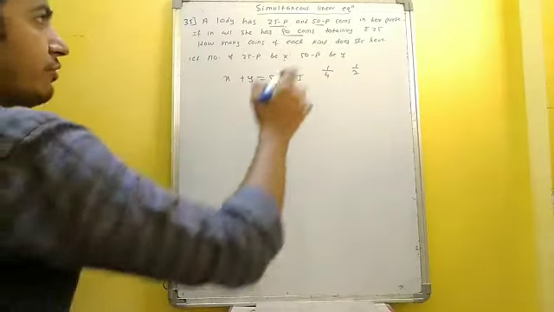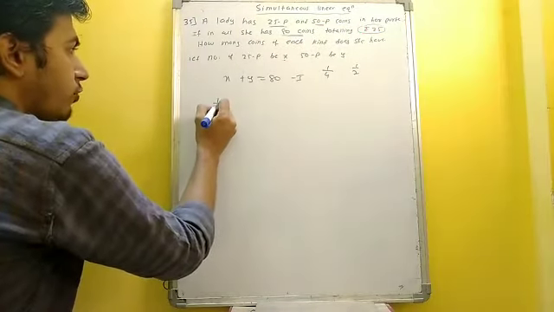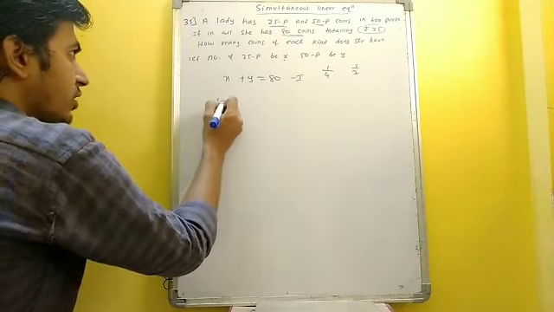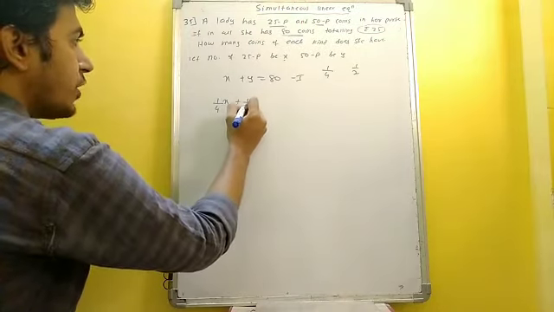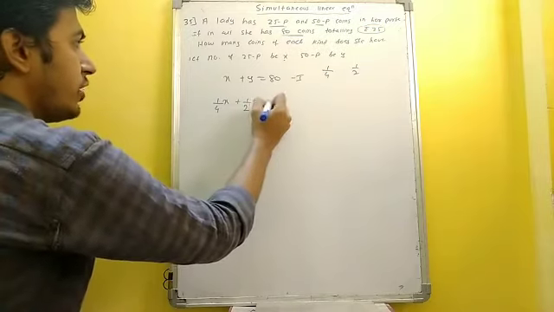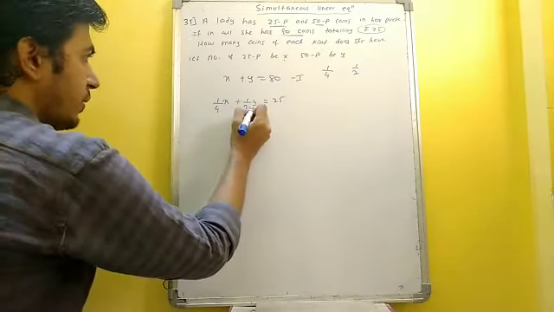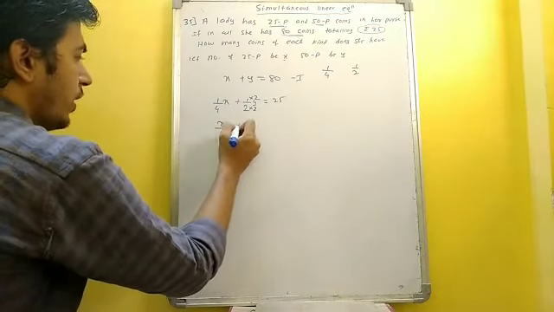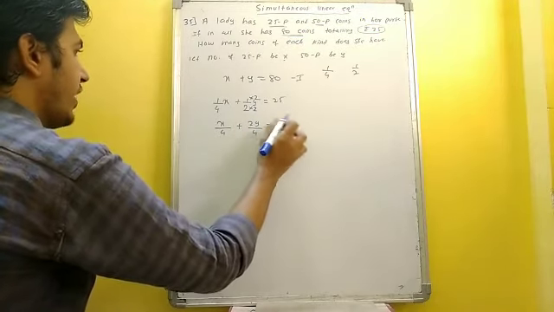So if I am talking about value, 1 upon 4 is the value of a 25 paise coin, into the number of 25 paise coins, plus the value of a 50 paise coin multiplied by the number of 50 paise coins, will be equal to 25. Okay. So I will multiply by 2 to get the denominator same. So I will have x upon 4 plus 2y upon 4 is equal to 25.